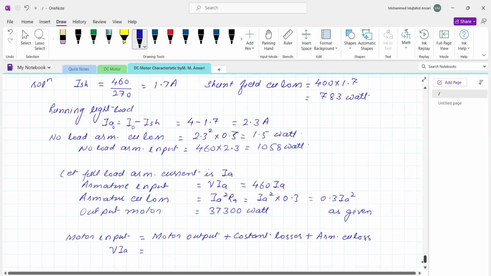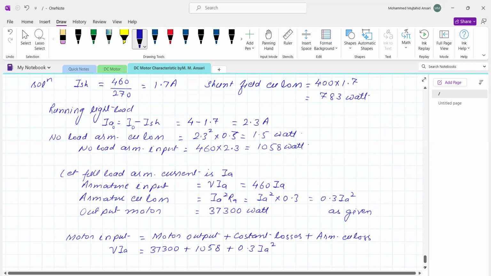Then the motor output is 37,300 watt plus constant losses, 1058, plus the armature Cu loss, which is 0.3 Ia squared.